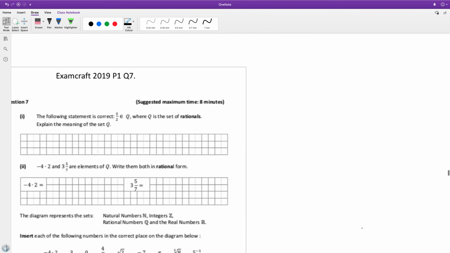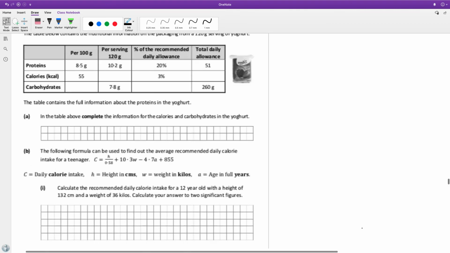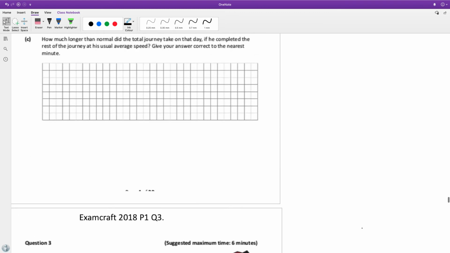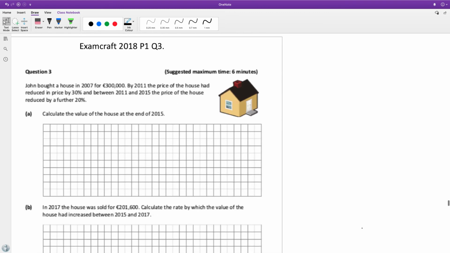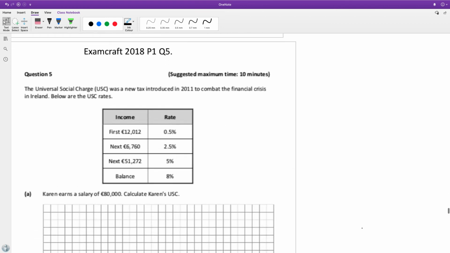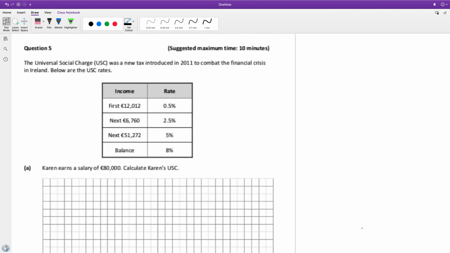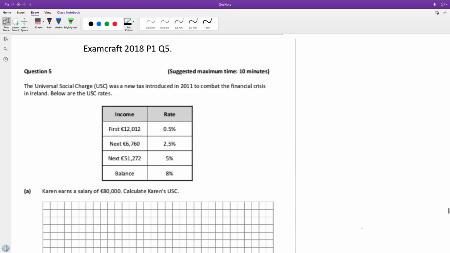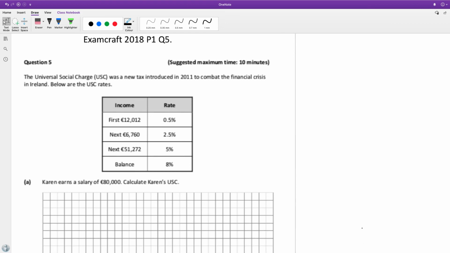Let's look at another question. Right. Let's have a go at this one.